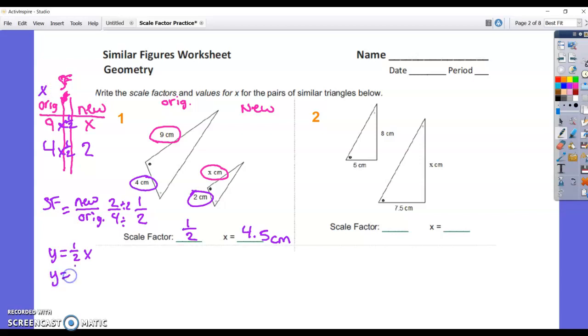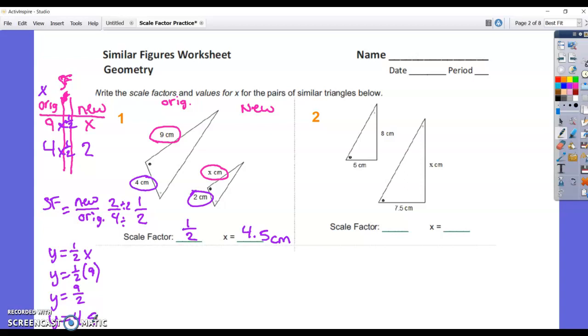So y equals 1/2 times the original, which was 9. So y equals 9/2, which is 4.5. That's where I'm getting x is equal to 4.5 from. We're going to need that later at number 3 using the equation. So we're showing to use that equation.